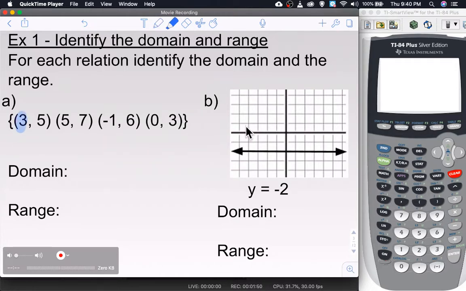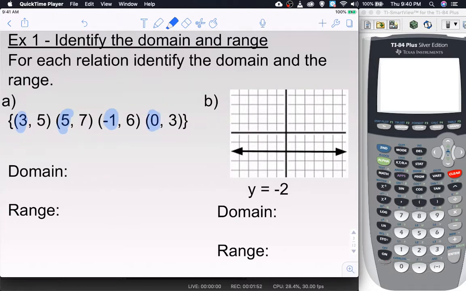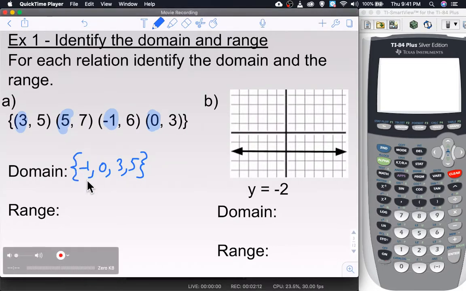So my domain is just those values. Now I'm going to put them in order from least to greatest: -1, 0, 3, 5, and typically we would put the curly braces around this because this is a set of points. So my domain is the set of numbers -1, 0, 3, 5. It's that group of numbers.